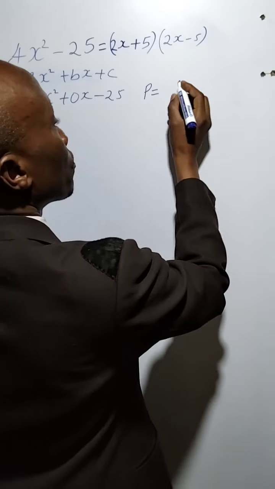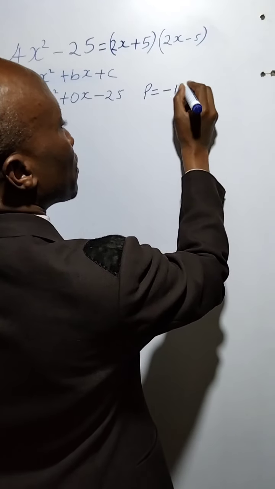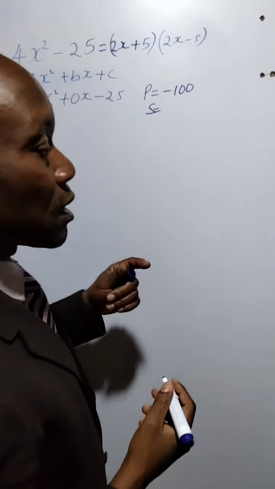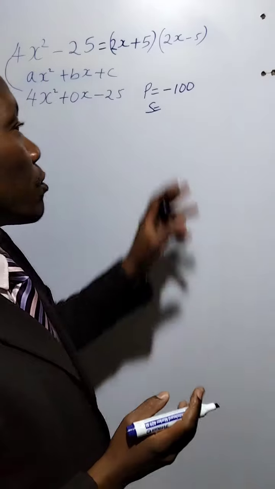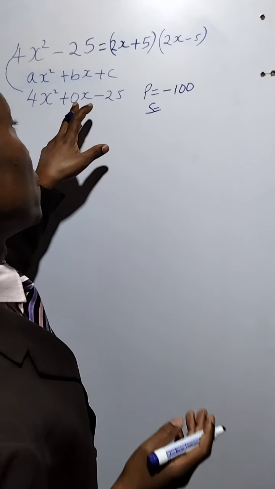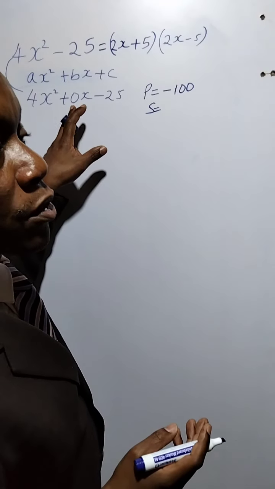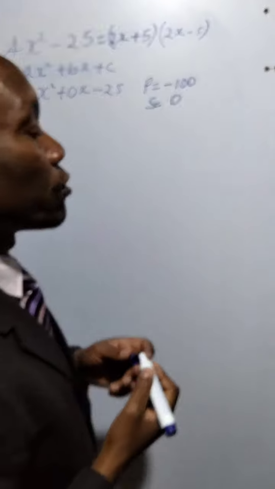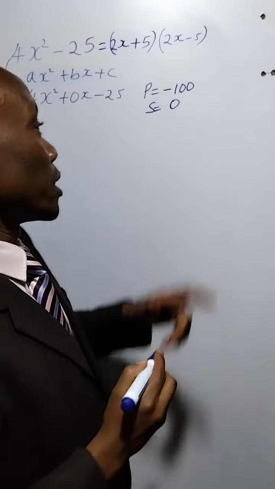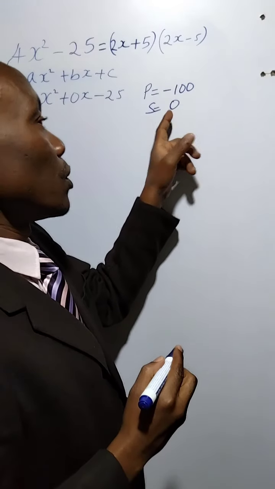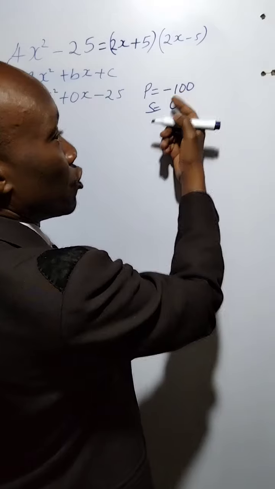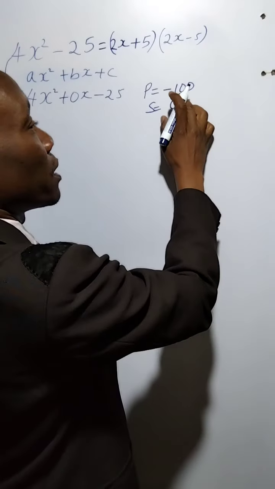So we shall look for two numbers whose product is negative 100, and whose sum must be equal to the coefficient of the middle term, which is actually 0. So we are looking for two numbers which when you multiply you get negative 100, but when you add them you get 0.